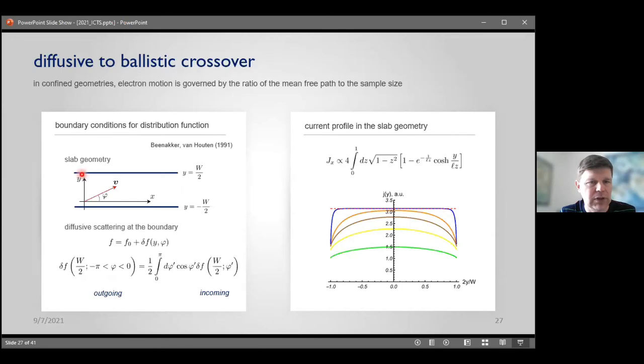If you have this geometry with the channel, and you require diffusive scattering of electrons at the boundary, then depending on how the width of the channel compares to the mean free path, you either have this diffusive behavior, which is this blue curve here, which is practically flat in the bulk and only changes a little bit at the edges, or you have this sort of curved behavior in this ballistic regime, where electrons scatter only on the boundaries and not on any kind of impurities.